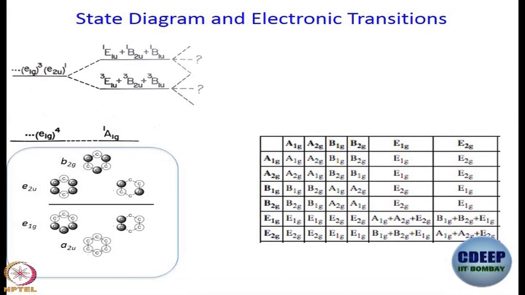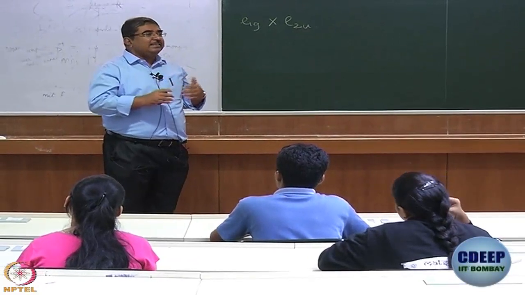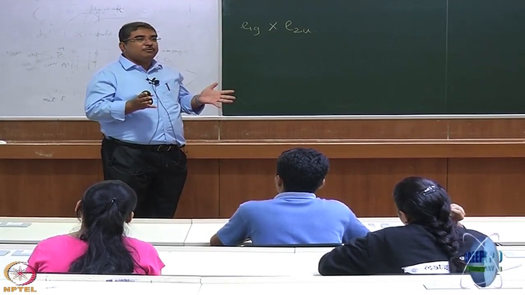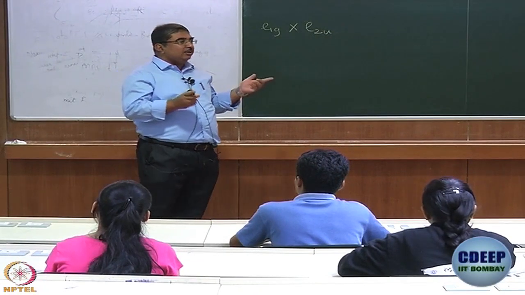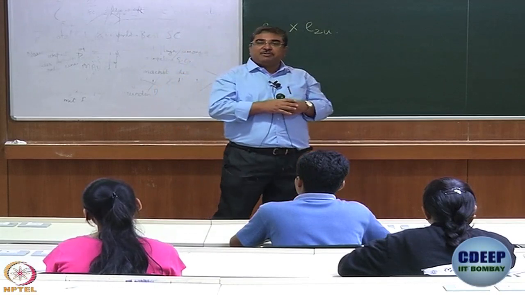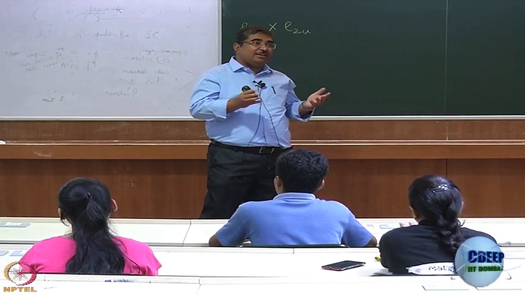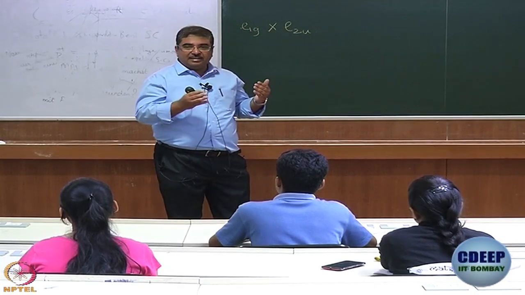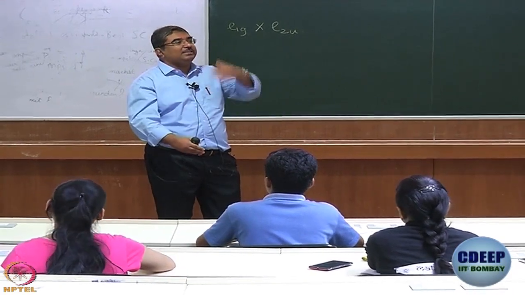The reason why we have these dashed lines and question mark is that we are working under the approximation that whatever state we generate, that is the state we work with, which is not necessarily true. I do not know if you have studied configuration interaction in CH 4 to 5. Maybe not, that is taught in CH 560. When you study configuration interaction, you learn that states, or rather electron configurations, which have the same symmetry and similar energy actually mix to produce one state with lower energy, one state with higher energy.